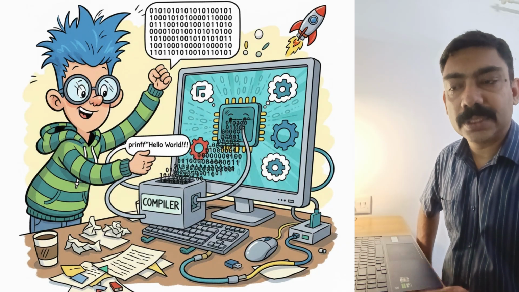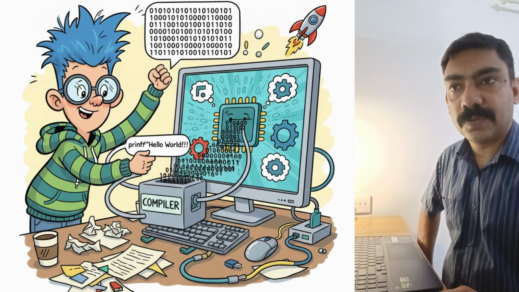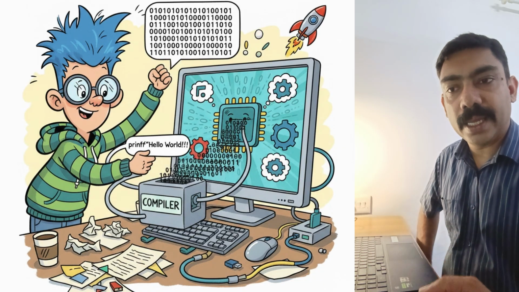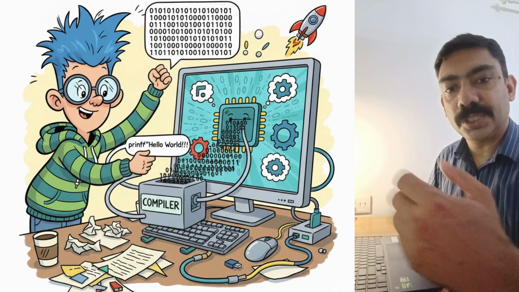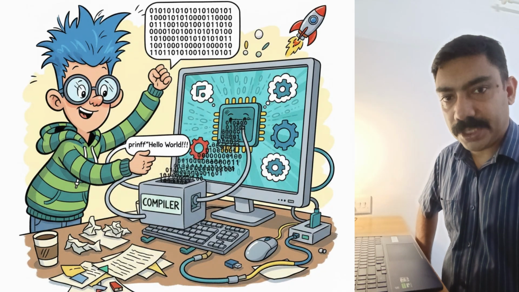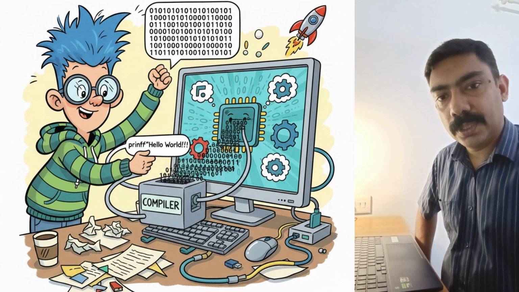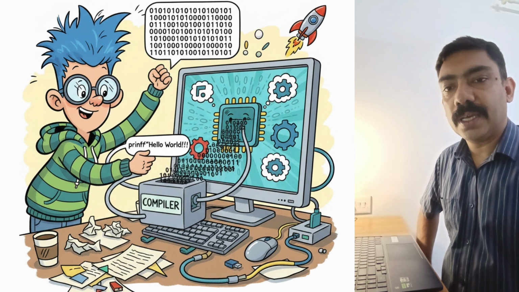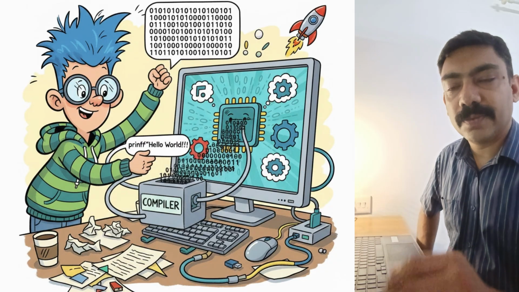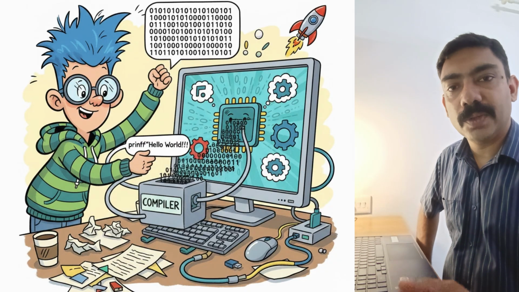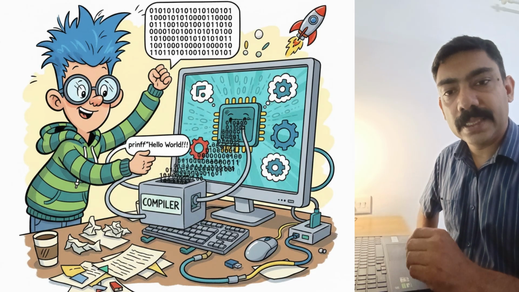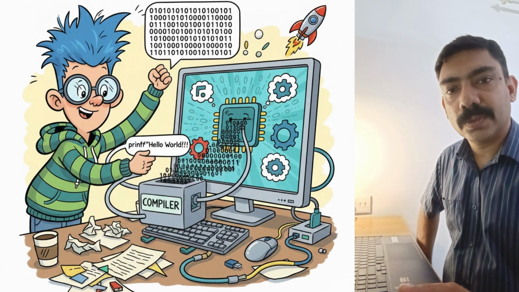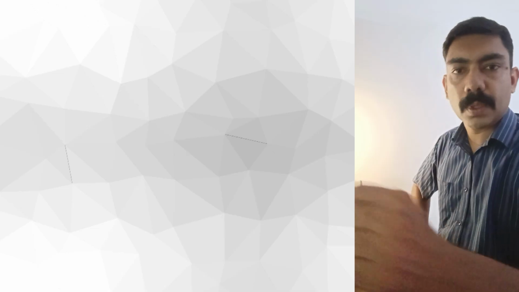These two terms are used based on how they convert the human readable language into machine readable form. We are using C in this video, so we will be using a C compiler for converting the C language into machine language.